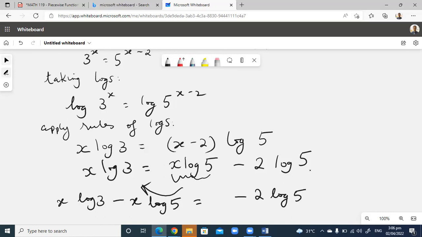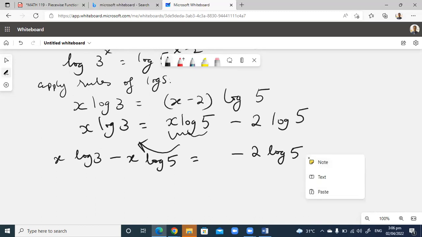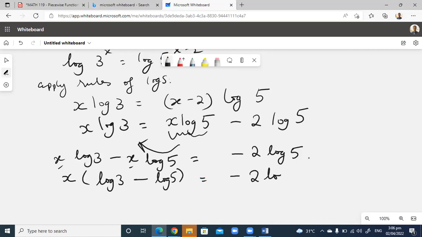The second to last thing I'm doing now is I'm seeing x here and x here as well. Let's factorize out the x, because it's common in the two terms. So I'll get x times log 3 minus log 5, I factored it out, is equal to minus 2 log 5.